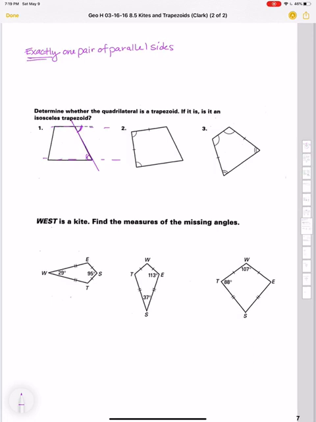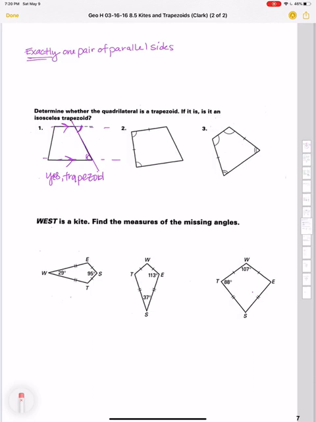If two lines are cut by a transversal and they form congruent alternate interior angles, then the lines are parallel. So we know that this is parallel to this. Therefore, this is a trapezoid. So yes, it's a trapezoid, because of the one pair of parallel lines.